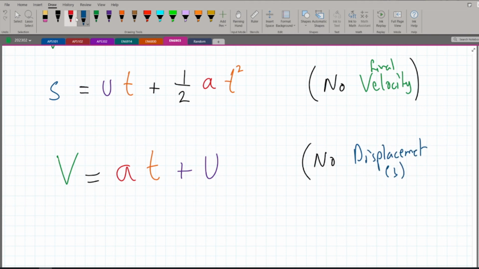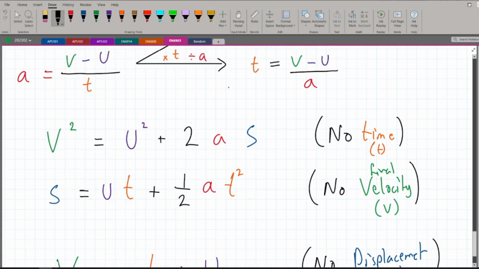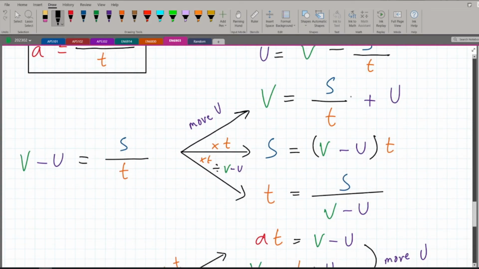Here we have no displacement s. This one has no velocity, the v, and the first one had no time, which is t. And the very first one that we derived, that velocity is equal to s over t plus u. Or another way of looking at it is s is equal to v minus u over t. This is a more generic one.